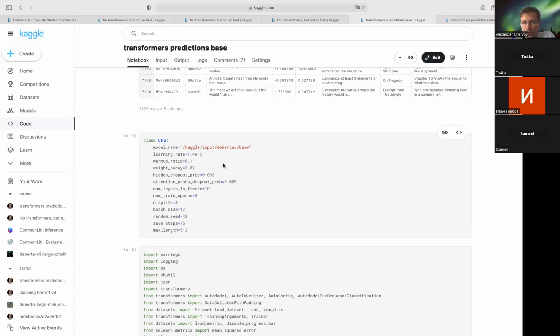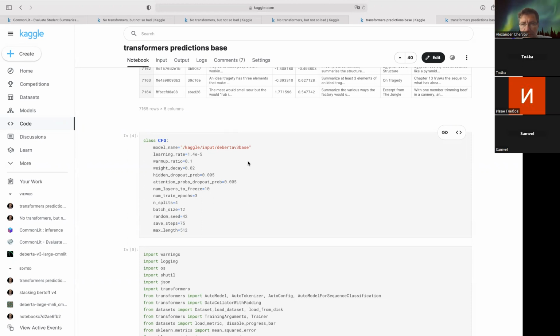Okay, thank you. As far as I understand, this competition is somewhat similar to the previous one from the same organization. Yes, but the difference is that the previous competition was a submit competition, not a code competition, and in the previous competition you could do much easier stacking, blending, and other things typical for Kaggle competitions.